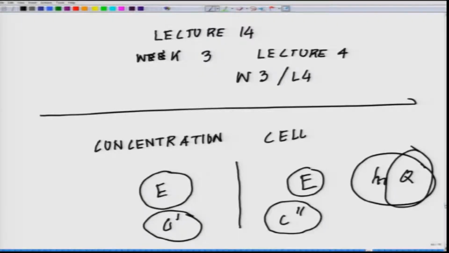Now, before we get into that, let me talk a little bit about the principle underlying the concentration cell, which is particularly important where solutions of electrolyte have different concentrations. Say, for example, you have solutions of electrolyte on the left hand side as well as the right hand side. They are separated.